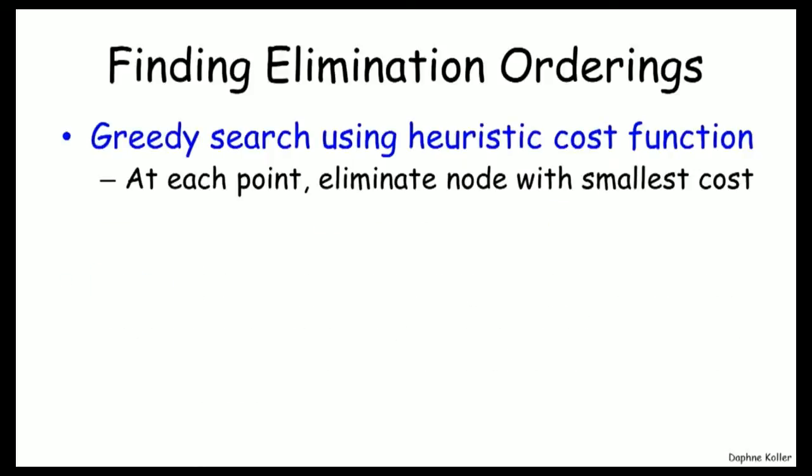So how do you find a good elimination ordering? Fortunately, simple heuristics actually do pretty well. So one standard way of finding a good elimination ordering is to simply do a greedy search, eliminating one variable at a time, where at each point in the elimination, you use some kind of heuristic cost function to decide which variable you're going to eliminate next.